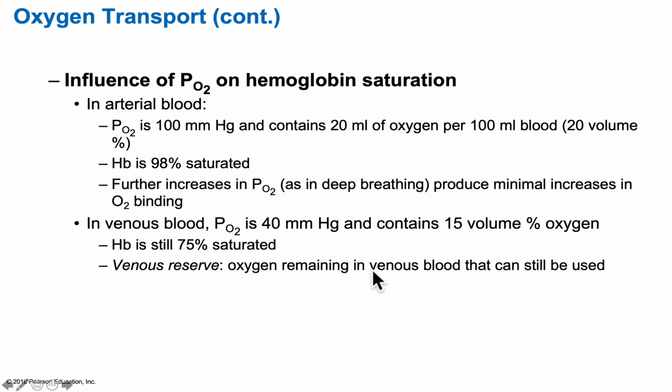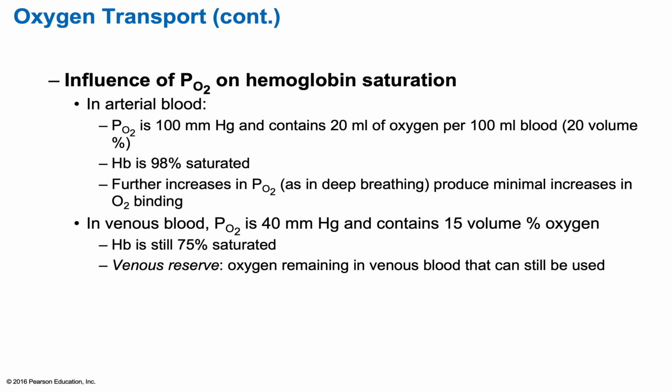Now, under normal resting conditions, arterial blood hemoglobin is 98% saturated, and 100 milliliters of systemic arterial blood contains about 20 milliliters of oxygen. As arterial blood flows through systemic capillaries, it releases about 5 milliliters of oxygen per 100 milliliters of blood.